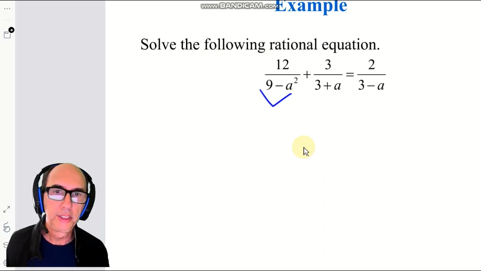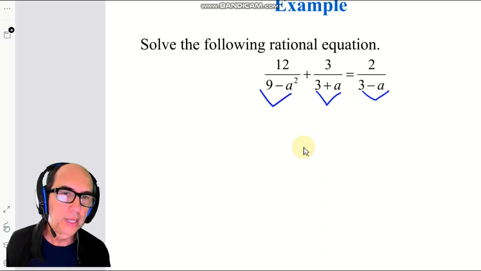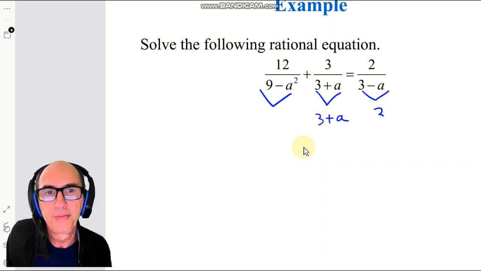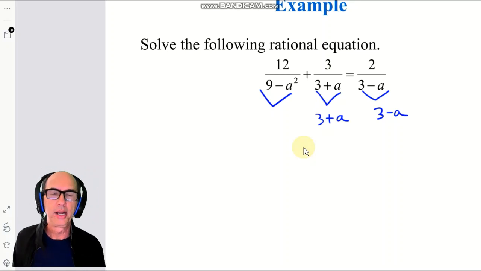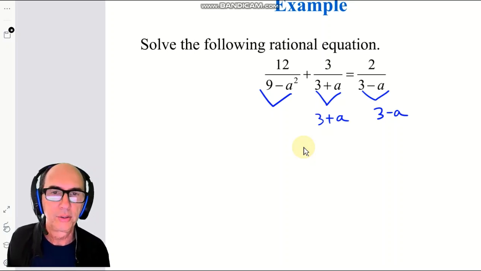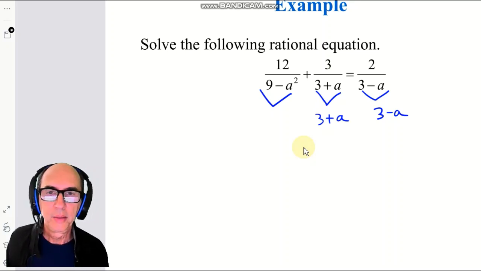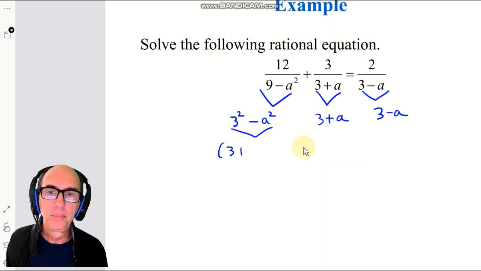Let's check each one. 3 plus a is already the simplest factorization, we cannot factor it. But we have 9 minus a squared. Remember, this is 3 squared minus a squared, a difference of 2 squares. We can break it as 3 plus a times 3 minus a.